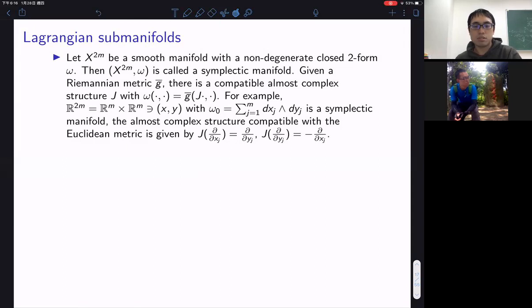This is just defined by a rotation by 90 degrees. It sends d/dx_j to d/dy_j, and it sends d/dy_j to minus d/dx_j. So it's just a rotation by 90 degrees counterclockwise.